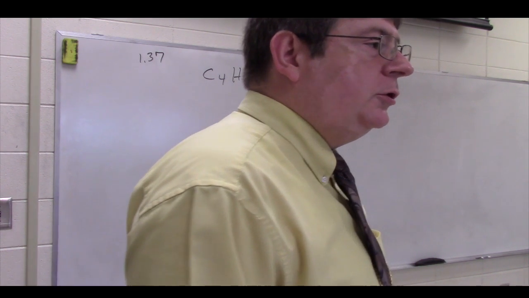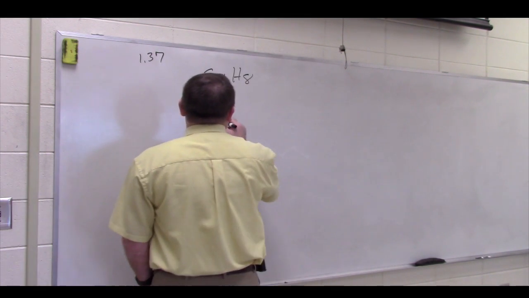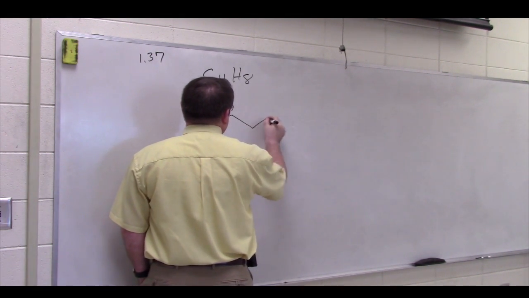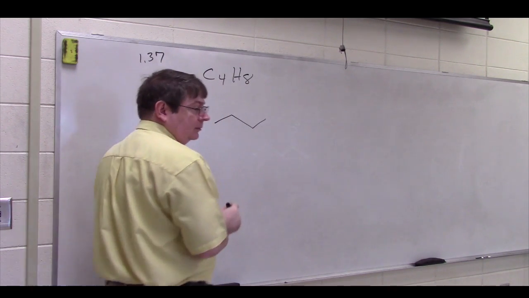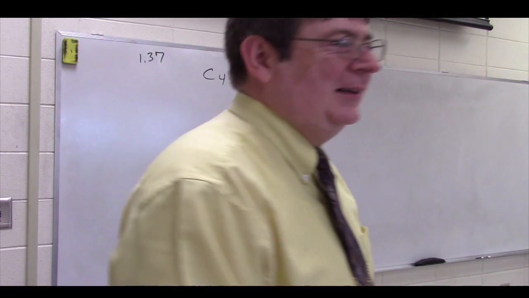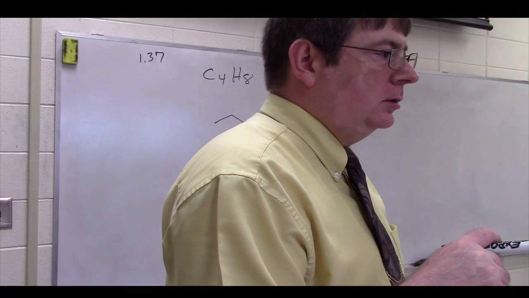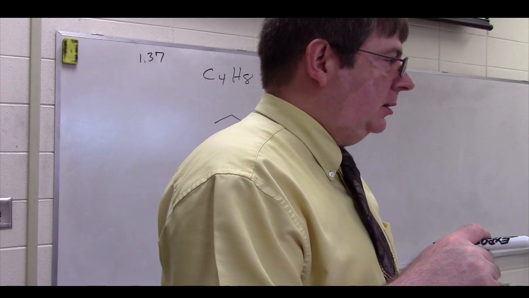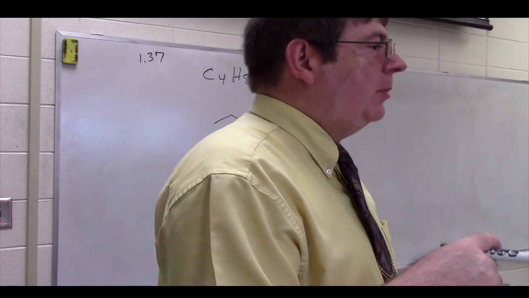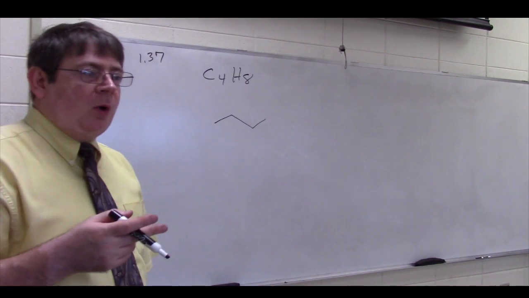So how many hydrogens would we need if that were the case? 9? 12? 10. Yeah, that's right. So how many hydrogens shy of that are we? 2 hydrogens, right? And if we're minus 2 hydrogens, that would be a double bond, right? So there's going to be a double bond in this molecule somewhere.